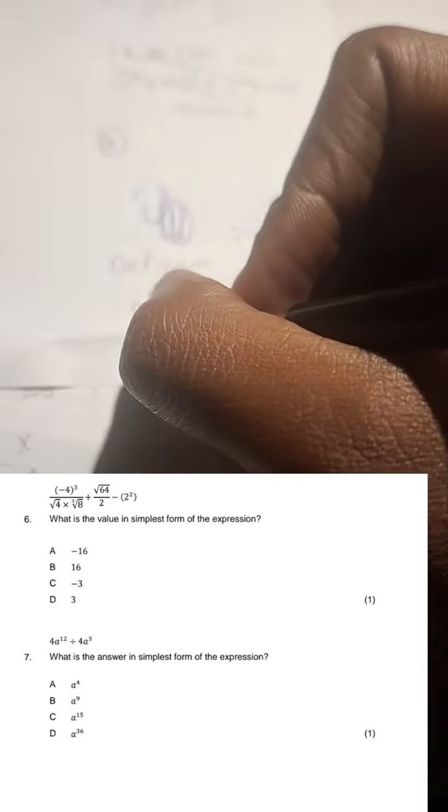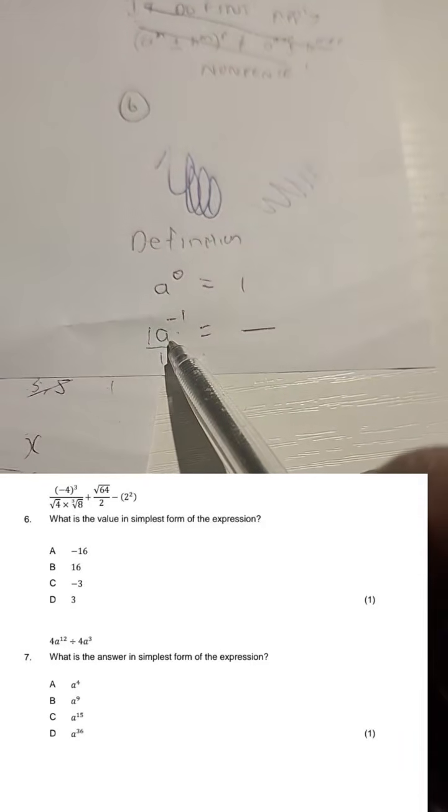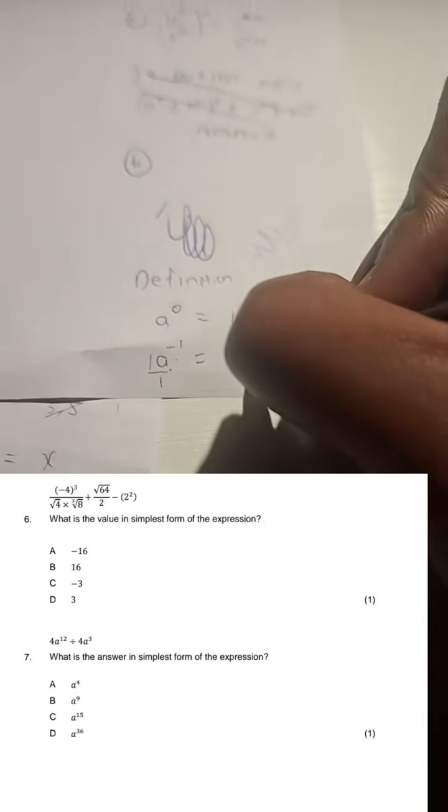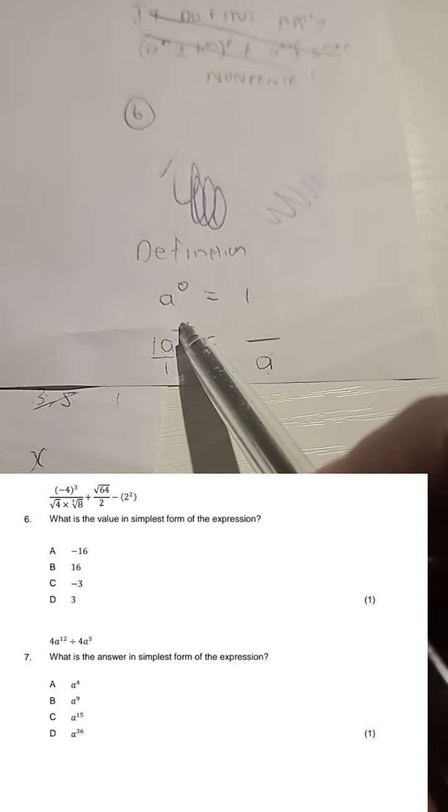So the definition says that if you have a negative exponent, the base that carries the negative exponent moves from the numerator, because at this current moment, you need to understand that this a, I'm revealing, guys, the 1 and the 1. Usually they don't reveal the 1 and the 1. But currently where this base is, it's in the numerator. So you move that base a to the denominator because it has a negative exponent.